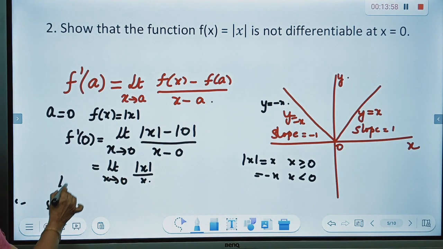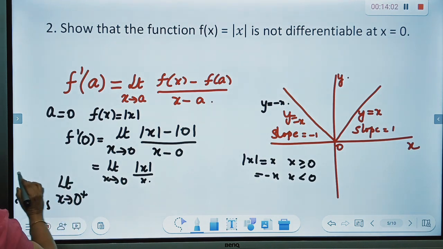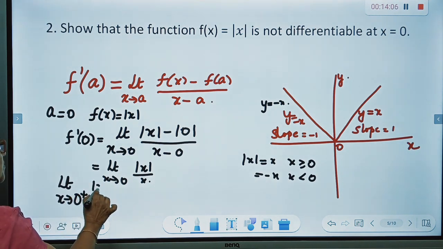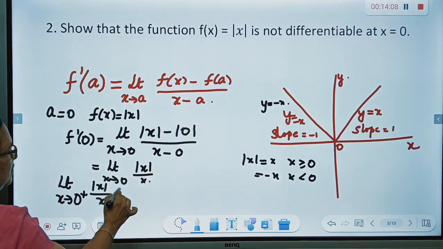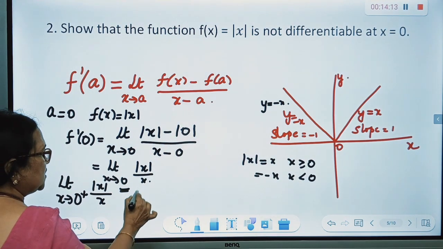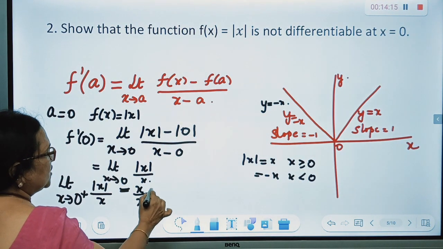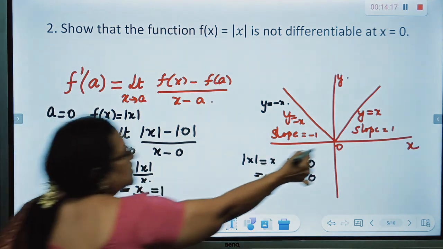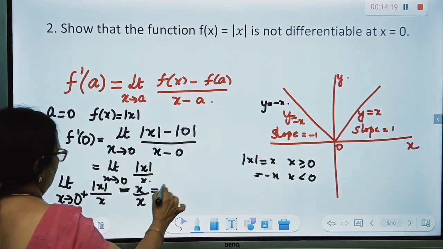Let us look at limit x tends to 0 plus of mod x by x. x is 0 plus means x is greater than 0, so mod x is x. So, x by x which is 1. This is why I said yes, slope is 1.